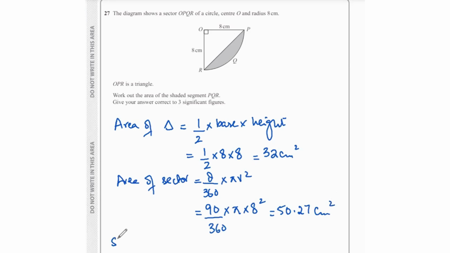Now, to find the shaded area, we subtract the two values, and that will give you 18.27, which correct to 3 significant figures will be 18.3 centimeters squared. That is your area of the shaded segment PQR.